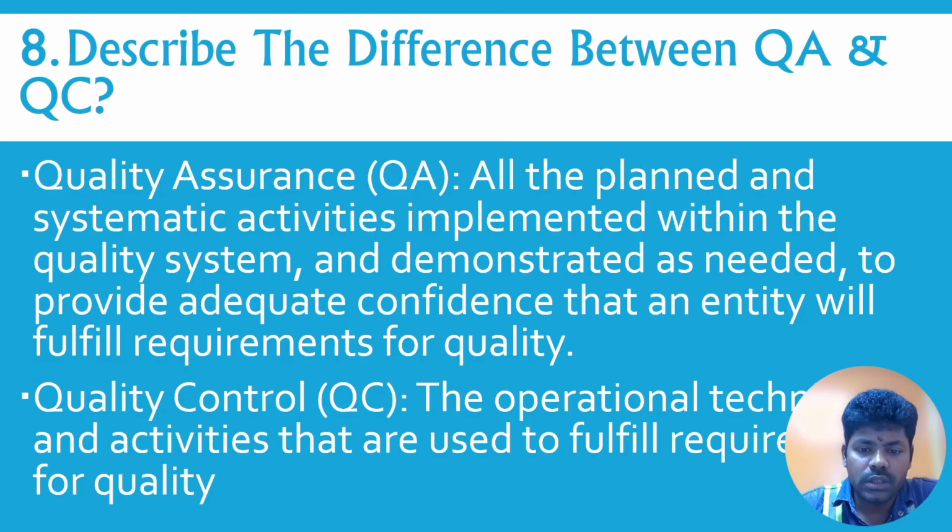Quality control is the operational techniques and activities that are used to fulfill requirements for quality. Normally we say quality assurance is planned and systematic implementation, and quality control means operational, technical activities. That is the difference between QA and QC.